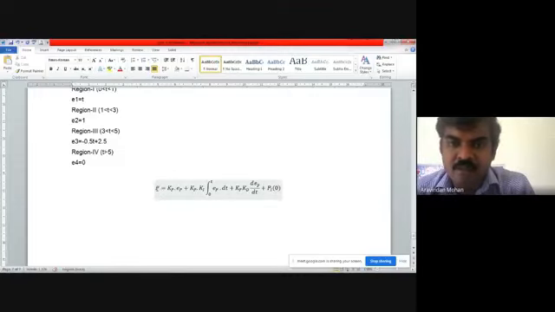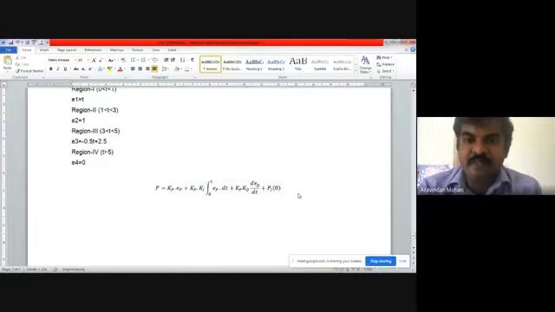P is the controller output, then Kp into Ep is the proportional mode equation, then Kp into Ki integral 0 to T of Ep dt, plus Kp into Kd d by dt of Ep, plus Pi of 0. It represents the derivative. So P, I and D, and in the end we have the Pi of 0 value.